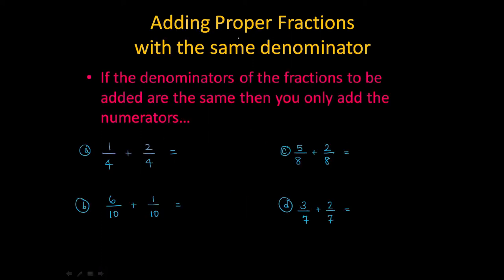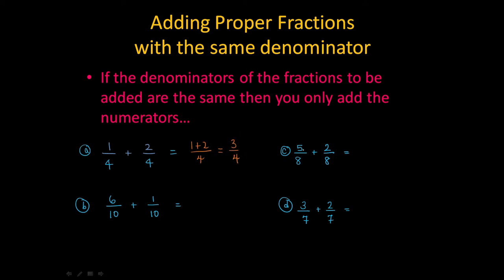Now when you add proper fractions with the same denominator, you simply add the numerators and keep the denominator the same. So what you would do here is 1/4 plus 2/4. You'd never add the denominators. So a quarter plus 2/4 gives you 3/4.